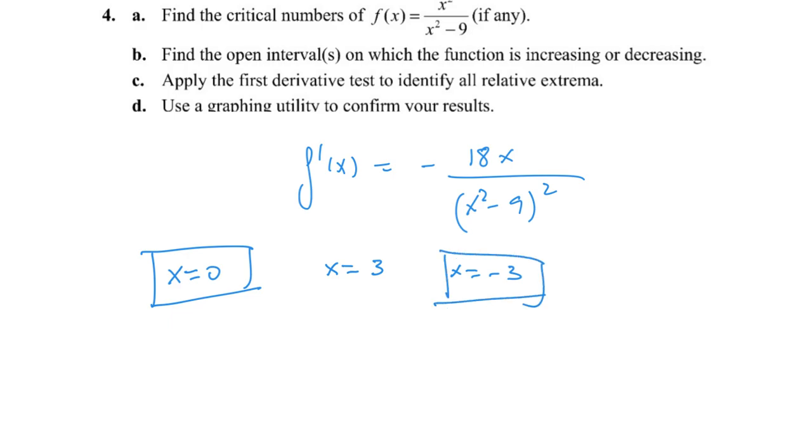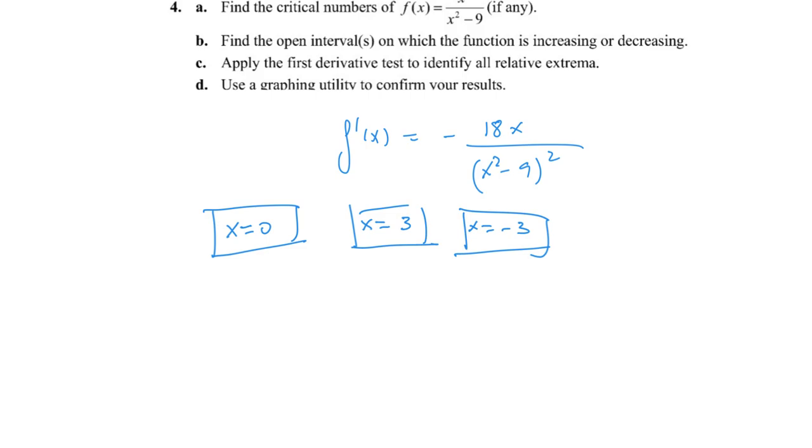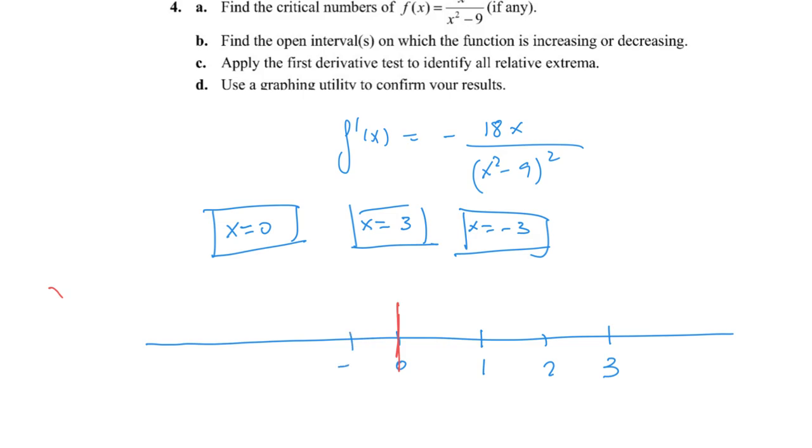So we have the three critical points, and now what we do is we place these critical points on a line. This is the 0. Let's put the interval 0, 1, 2, and 3, minus 1, minus 2, minus 3.